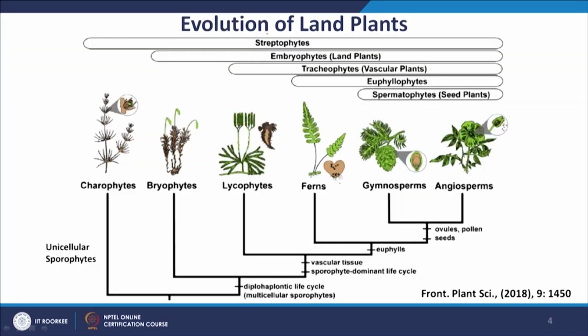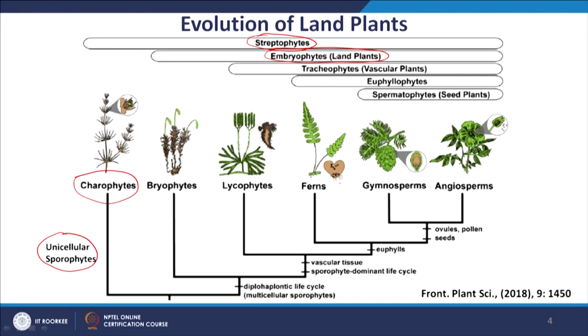If you look at the overall evolution of land plants, they belong to the streptophyte clade of the plant kingdom, and this clade includes charophytes, which are green algae, and embryophytes, which are typically called land plants. One important thing is that in charophytes the sporophytic stage is unicellular, whereas in all other land plants it is multicellular.